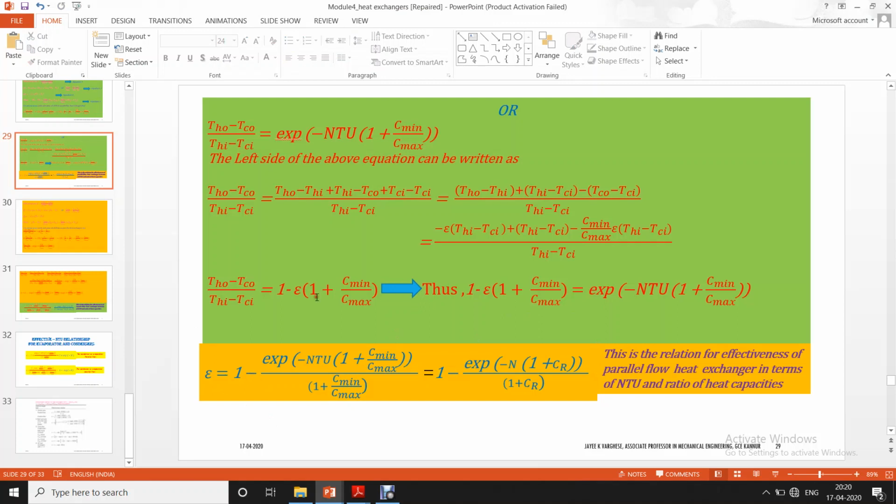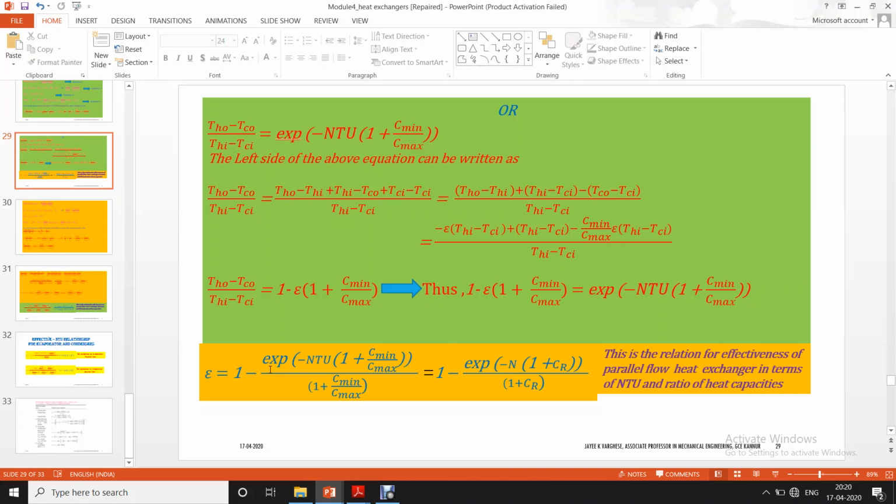Now I clarified it. From this relation, if you take this minus epsilon into 1 plus C min by C max to the right side, then my epsilon into 1 plus C min by C max is equal to 1 minus e to the power of minus NTU into 1 plus C min by C max.